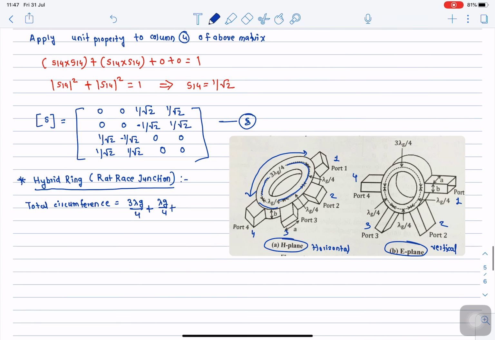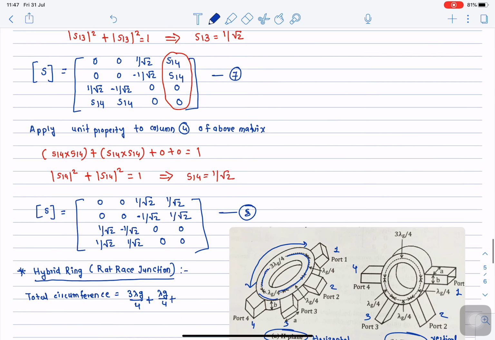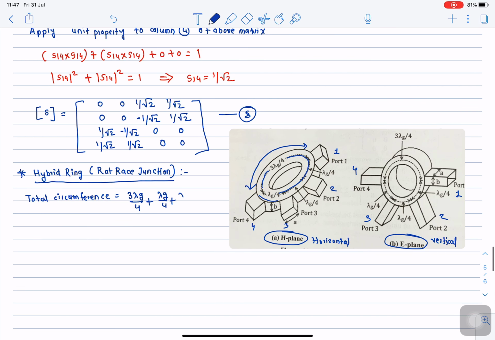Again, the spacing between port 3 and port 2 is again lambda g by 4. And such a 3 section we will get: lambda g by 4, lambda g by 4 and lambda g by 4. So port 1, port 2, port 3 and port 4 are all separated from each other by a distance of lambda g by 4. So here it is 3 lambda g by 4, and 3 lambda g by 4.